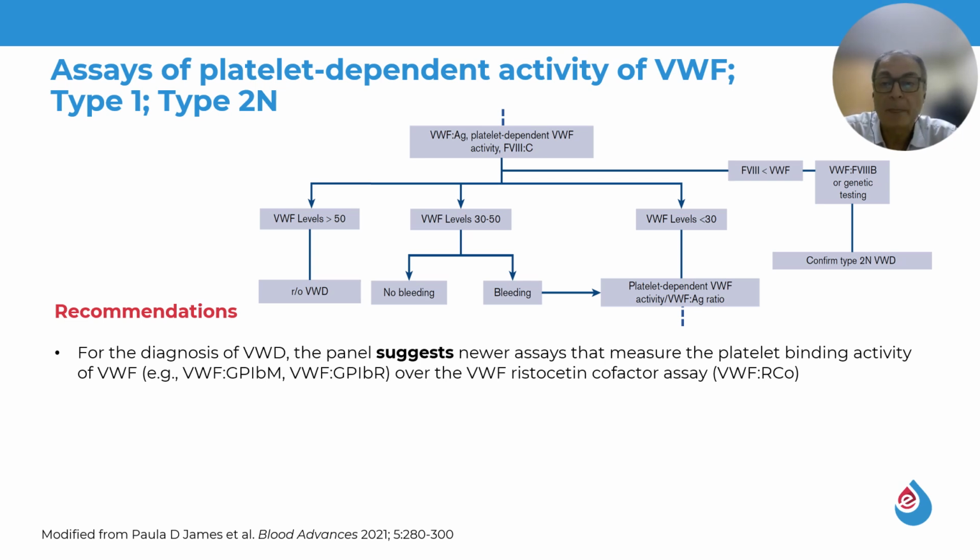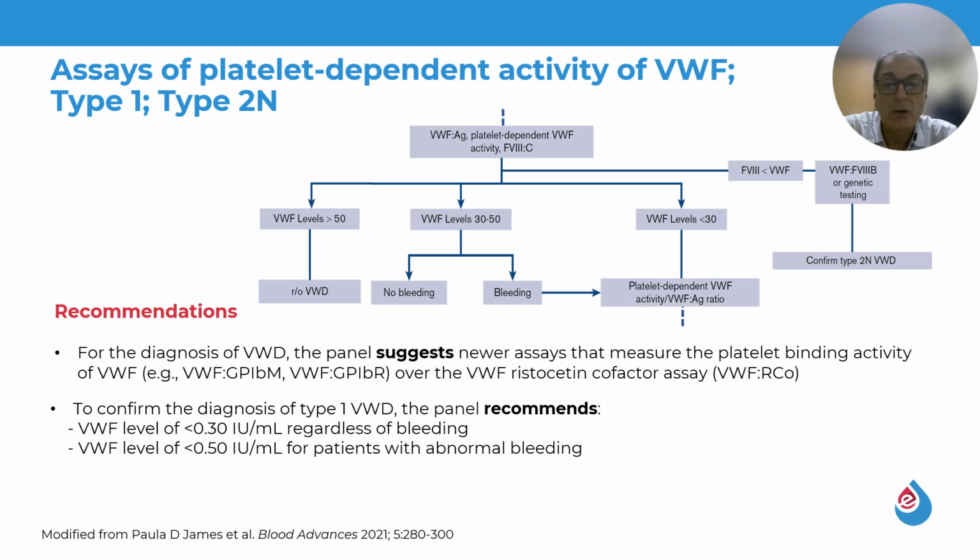To confirm the diagnosis of type 1 von Willebrand disease, the panel recommends a von Willebrand factor level of less than 30% regardless of the patient's bleeding, or a von Willebrand factor level of less than 50% for patients with abnormal bleeding.